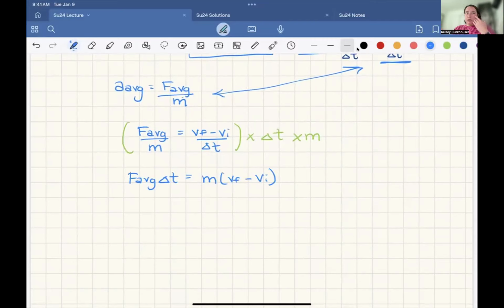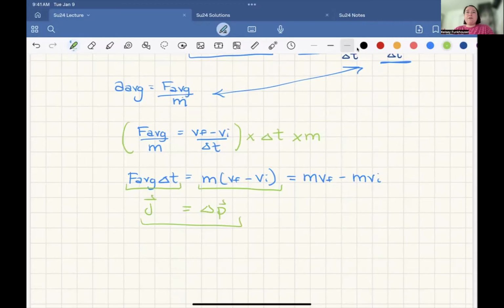But we just learned that the average force times the time interval is just the impulse. And this, as I said, is the change in momentum. If we distribute the mass there, we have m v final minus m v initial. And when we have something that is final minus initial, that's change in. So what we end up with is the change in momentum is equal to the impulse.